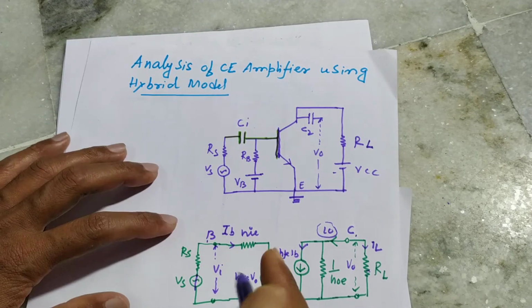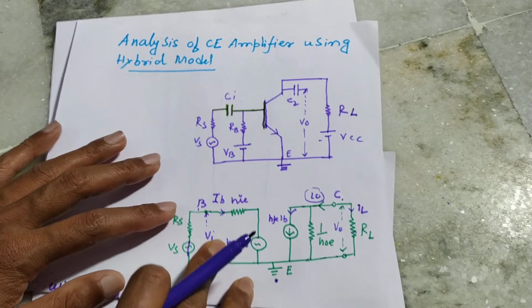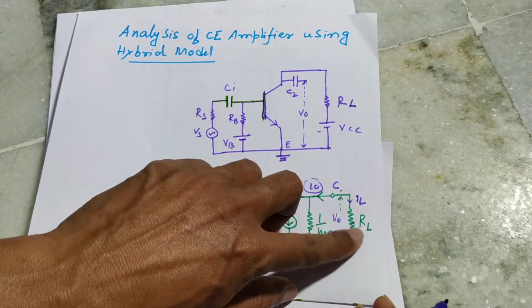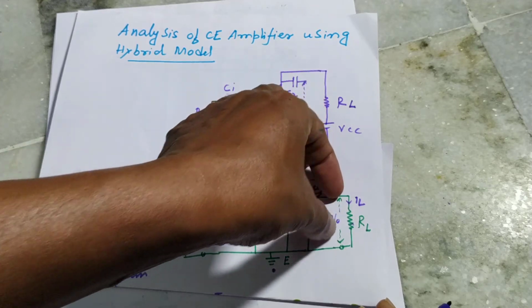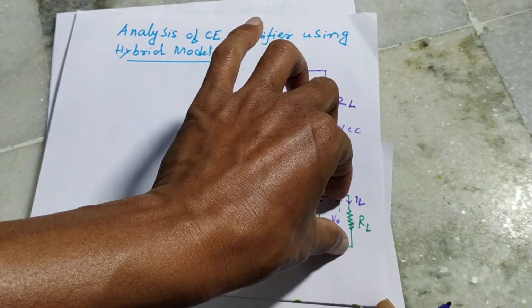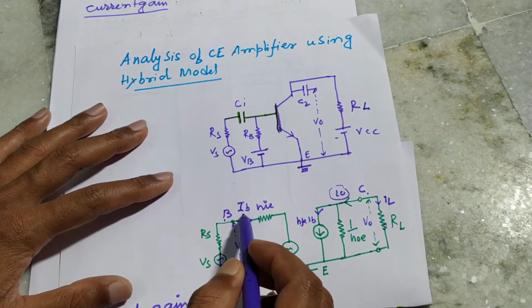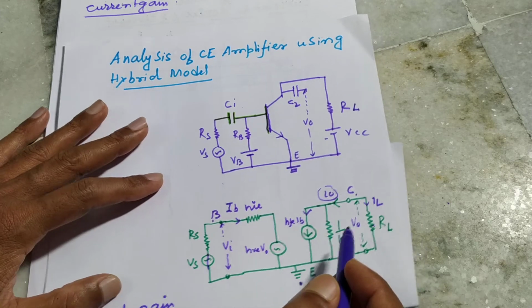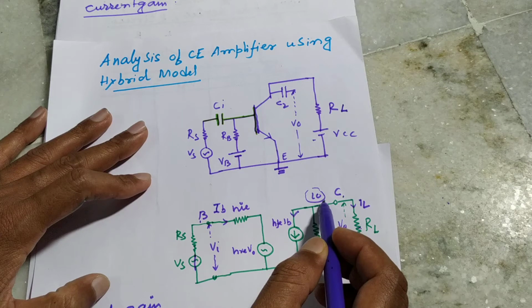So RB is not connected in the AC equivalent circuit, and this is the load resistance RL, and we get the output voltage across RL. Here the input current is the base current IB, this is the input impedance, and the output current is I0, or it may be the collector current.